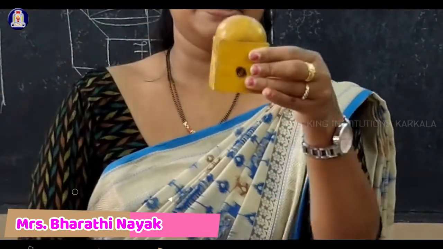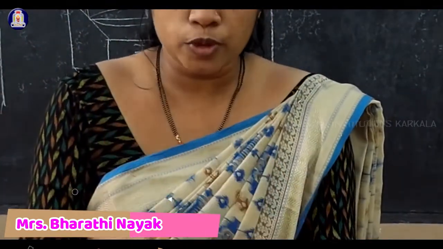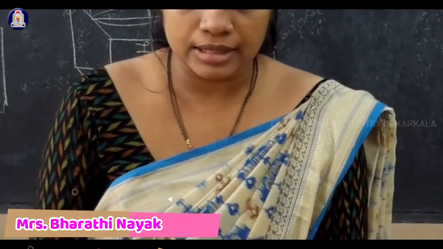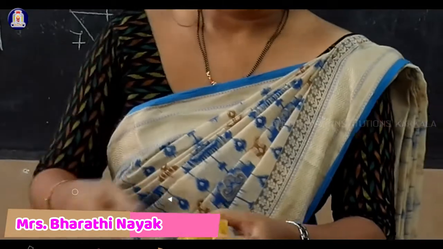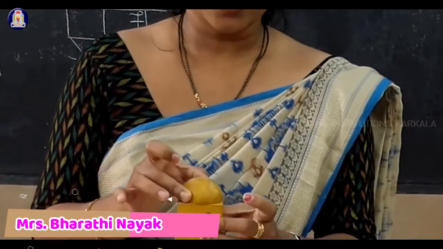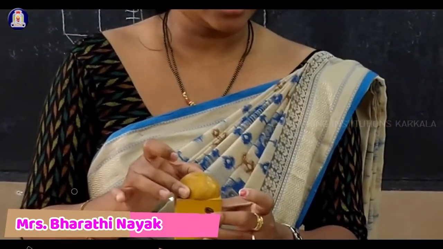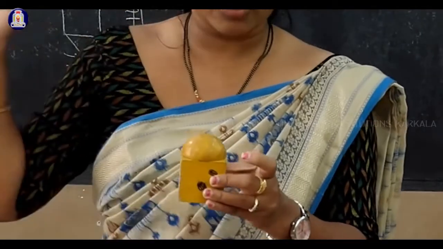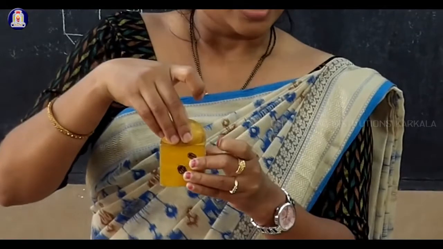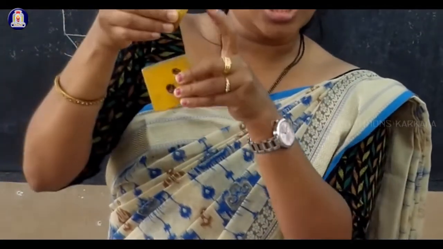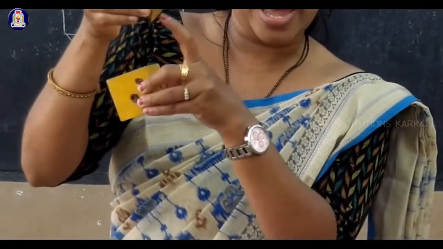I'll keep it like this. Now you can observe the shape is like this, the same figure I have drawn here. What you have to find here is the greatest diameter the hemisphere can have.